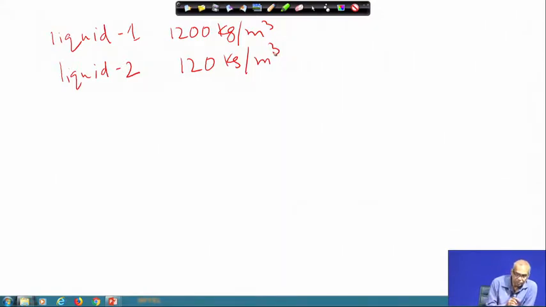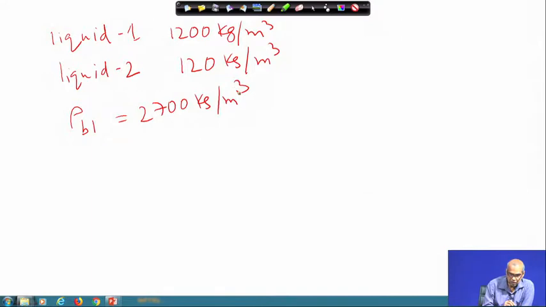I have the density of the float 1 corresponding to liquid 1 as 2700 kg per meter cube. I have to find out the density of the new float, B for bob or float. Right.